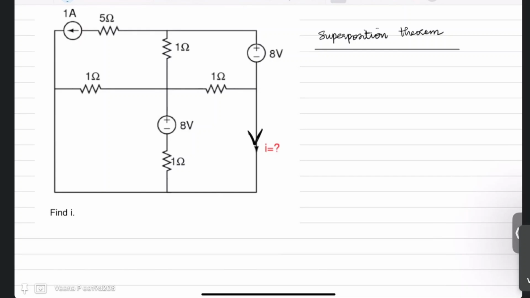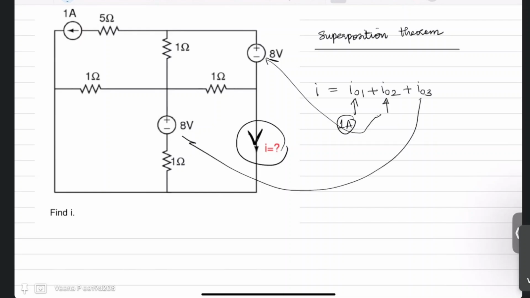This current can be written as the summation of I01, I02 and I03, where I01 is the current in the same branch when only the 1 ampere current source acts. I02 is the current when only the 8 volts source acts, and I03 is the current when only the other 8 volts source acts. So I can name the sources as 1, 2 and 3.